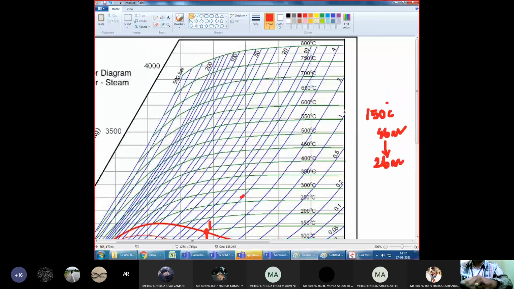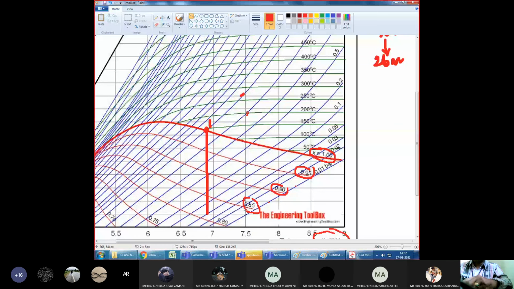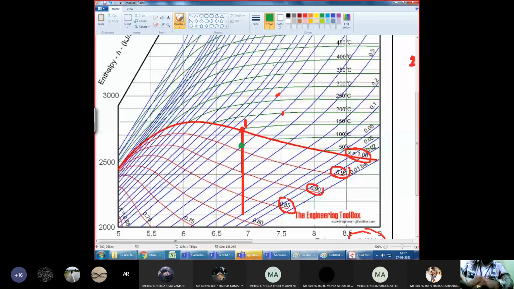Now draw a horizontal line from each point, and this gives the enthalpy corresponding to state 1 and the enthalpy corresponding to state 2.